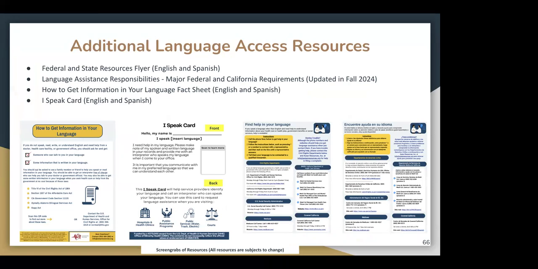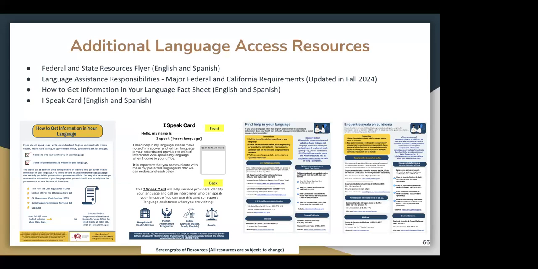One of them is the federal and state resource flyer, which is on the right-hand side. That's where we will share information with you on how to find help in your language and the different popular resources that we usually use. And there is an I Speak card that's ready for you to use, also available in English and Spanish. It will be a card that clients can carry around to let people know what language they speak and how they can help them.